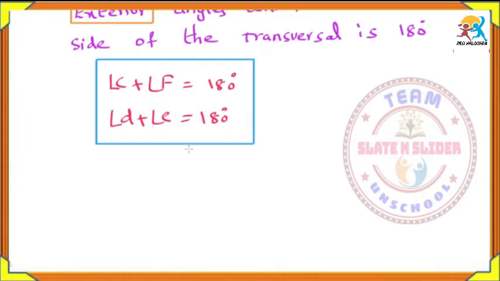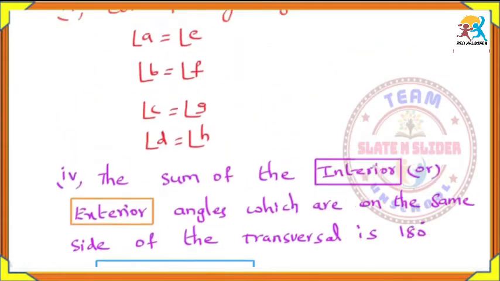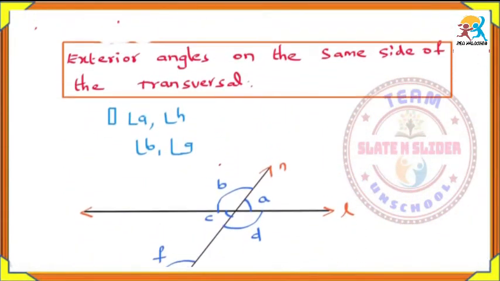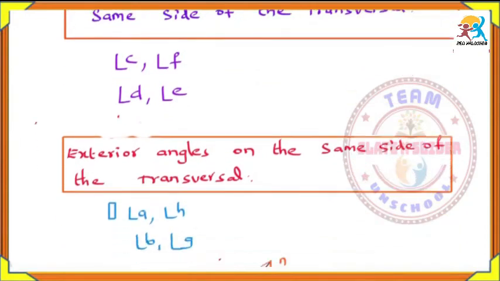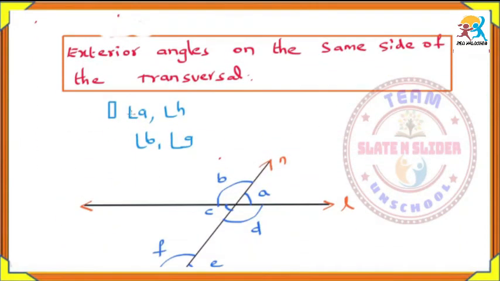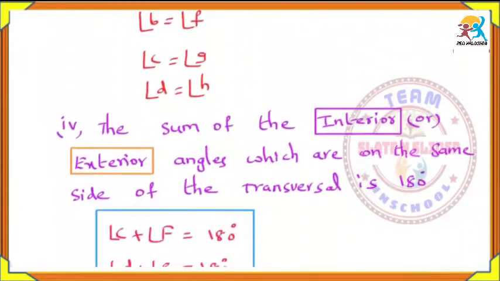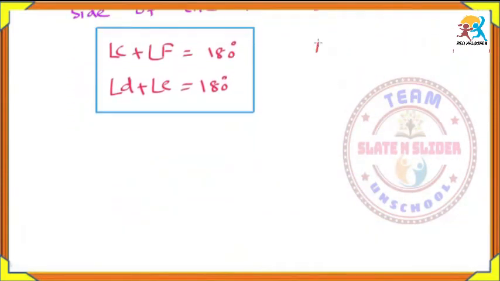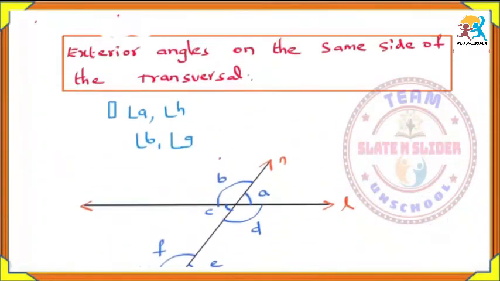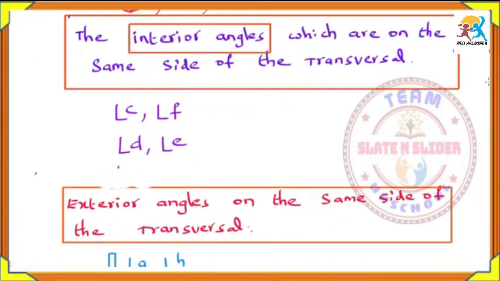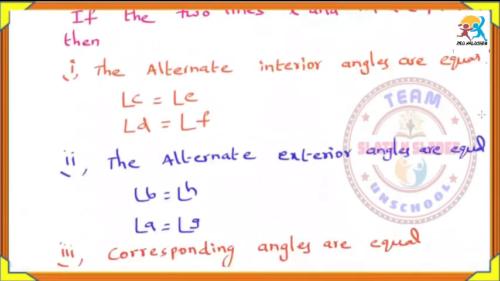And we will write about the exterior angles. The exterior angles are this one, angle A, angle H. So their sum should be 180. So we can write angle A plus angle H is equal to 180 degrees, and angle B plus angle G is equal to 180.